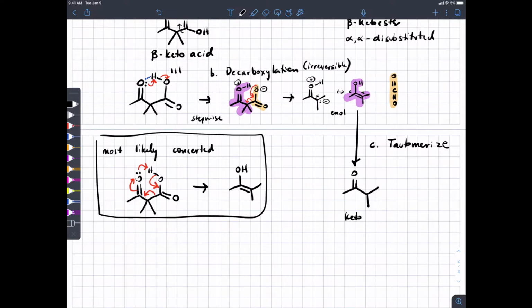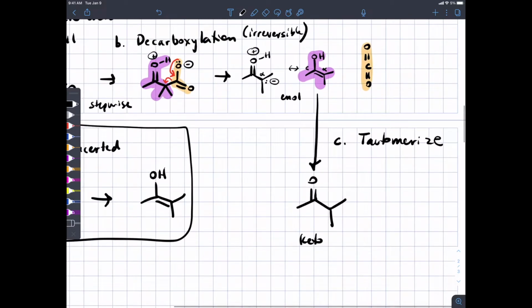This is downhill in energy because carbon-carbon pi bonds are not as strong as carbon-oxygen pi bonds. The word tautomer is a kind of isomer. Tautomers differ in only two things: the location of a pi bond and of a proton. Notice that before we have a pi bond here and a proton here.